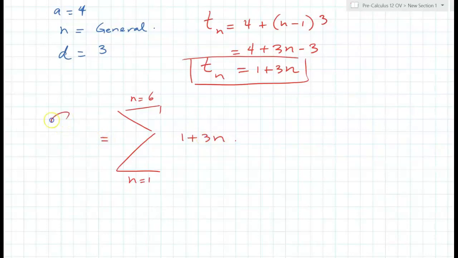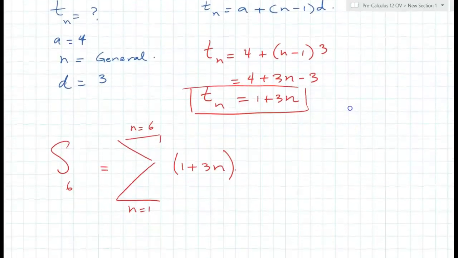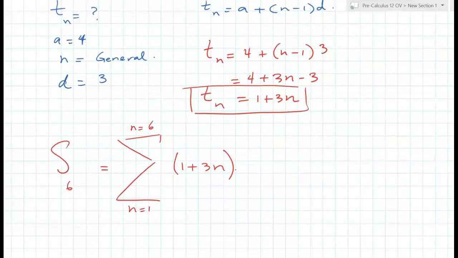This represents, if you add all 6 terms, the sigma notation in compact form, which represents the sum of the first 6 terms of this series. Simple as that.